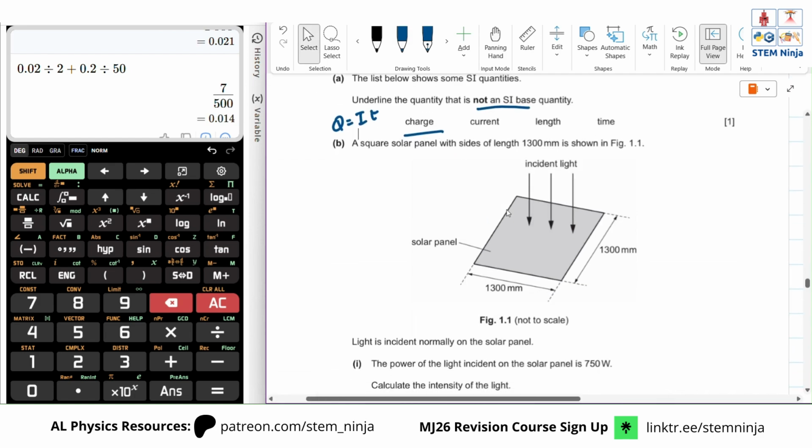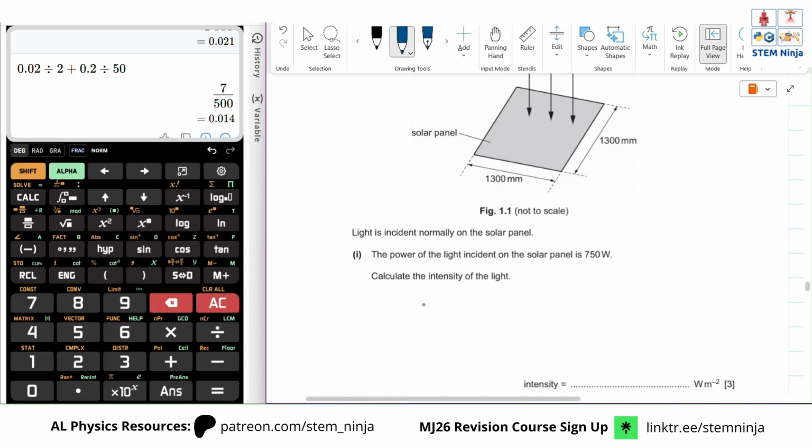A square solar panel with sides of length 1300 millimeter is shown. Light is incident normally on the solar panel. Calculate the intensity of the light. So intensity of the light we know to be power over area. This is from the waves topic.